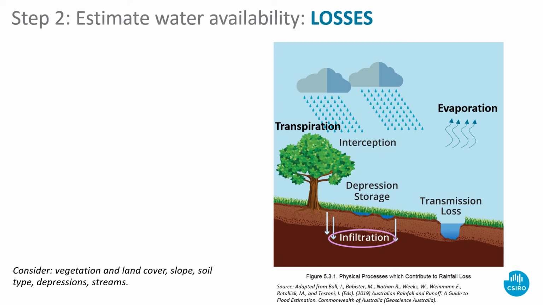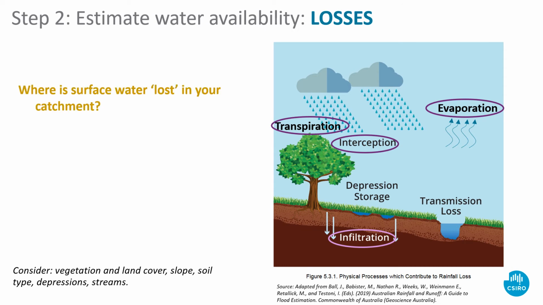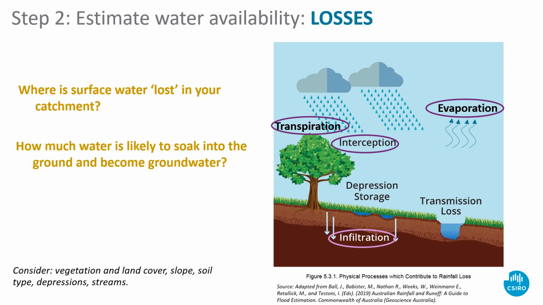Plants such as trees may intercept the rain and stop it from reaching the ground. Plants may also use this water to grow, or the water may evaporate back to the sky. To explore losses with communities, questions can be asked such as, where is surface water lost in your catchment? Or how much water is likely to soak into the ground and become groundwater?